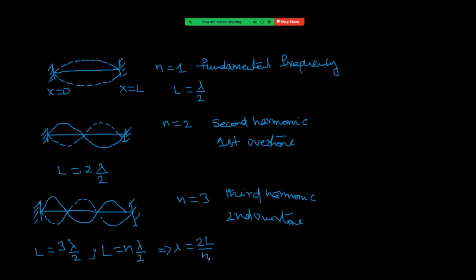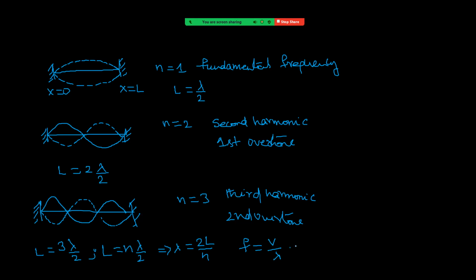So in case of a stretched string, the speed of a transverse wave is root of T by mu. If you want to find the frequency, we write v equal to f lambda. So f equal to v by lambda.